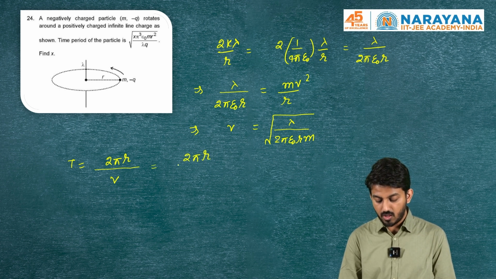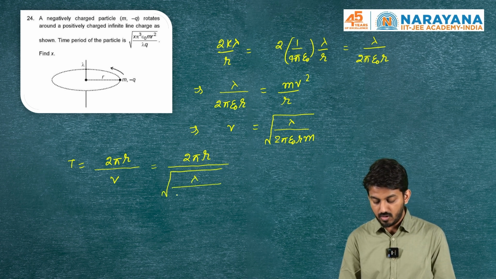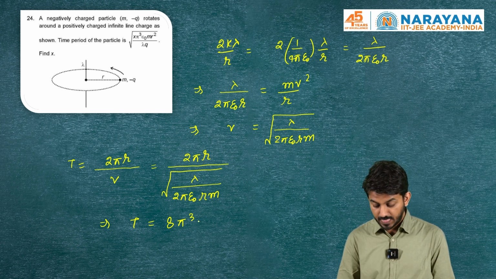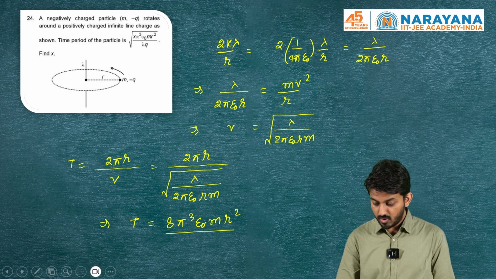So 2 pi r divided by lambda over 2 pi epsilon naught rm, giving us T is equal to, so this becomes 8 pi cube epsilon naught m r square by, wow, one more thing we missed.